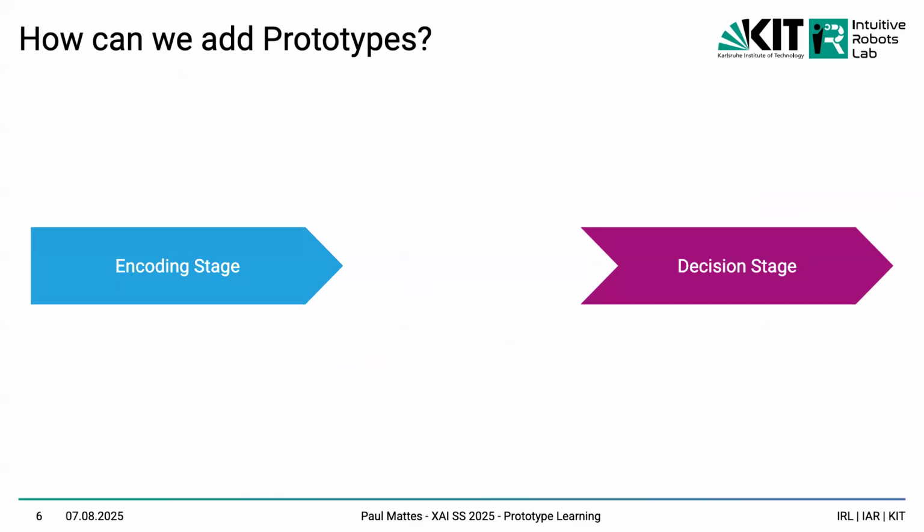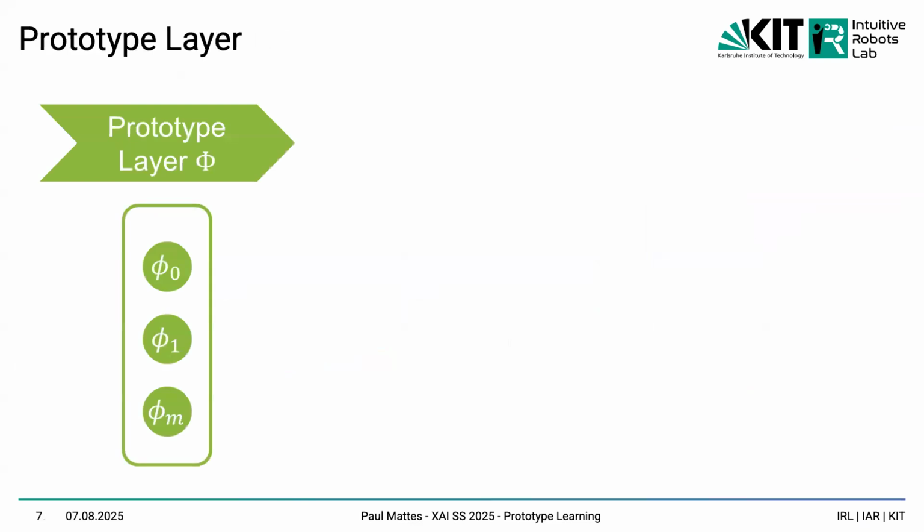We have the encoding stage, and before we make predictions, we actually can learn the prototypes we want to look at. The prototype layer itself can have a different number of prototypes. Usually, you yourself can define them as a hyperparameter, right?